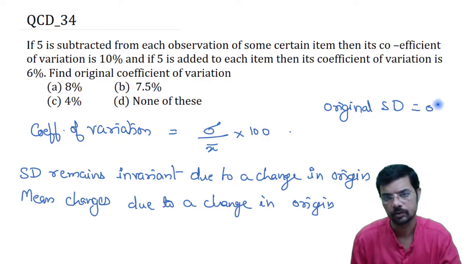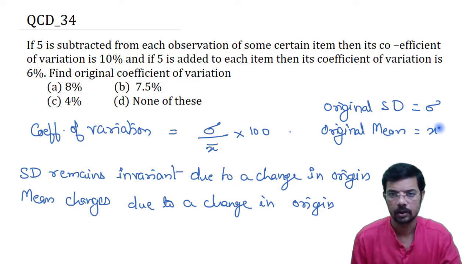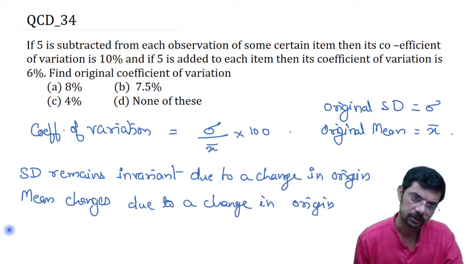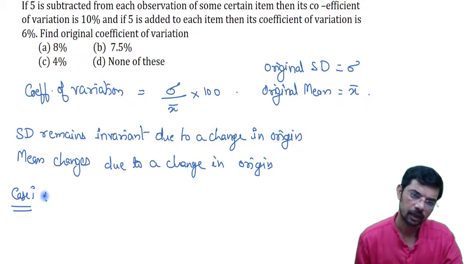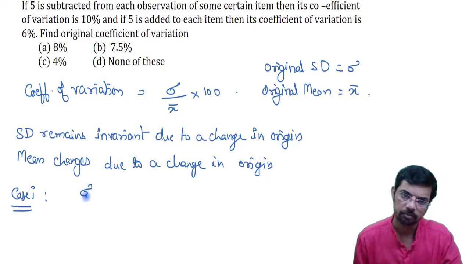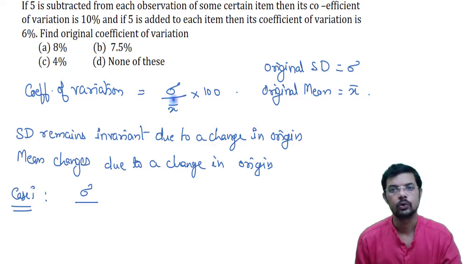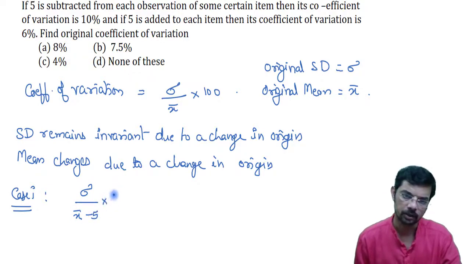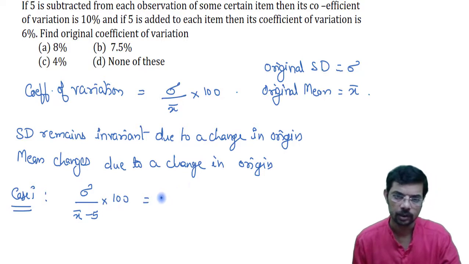In the first case, case 1, we have sigma divided by x bar minus 5, since the mean changes due to the change in origin, into 100, which will be equal to 10.